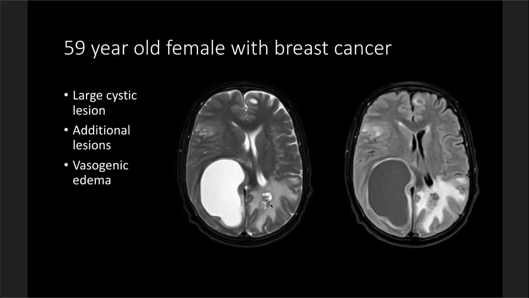Next case, we have another patient with breast cancer, 59-year-old female, and this is showing that sometimes the lesions can be cystic. So here we have a large cystic lesion in the right occipital lobe, and the fluid is bright on T2. It suppresses on FLAIR, and we have additional lesions with vasogenic edema throughout the brain.